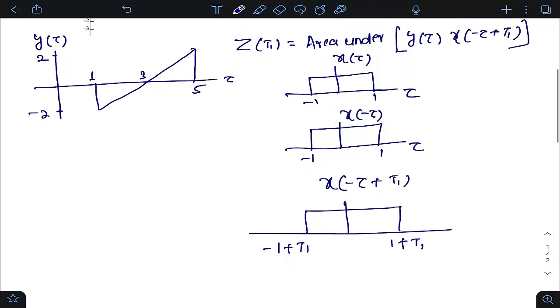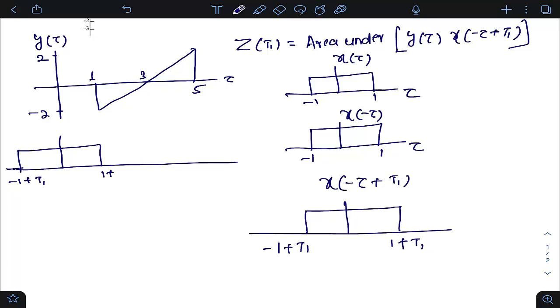And what is this x(minus tau plus t1)? We don't know what the value of t1 is, but let us assume that t1 equals 0, only for understanding purposes. If t1 equals 0, it will be from minus 1 to plus 1. If t1 is not 0, it is minus 1 plus t1 to 1 plus t1.